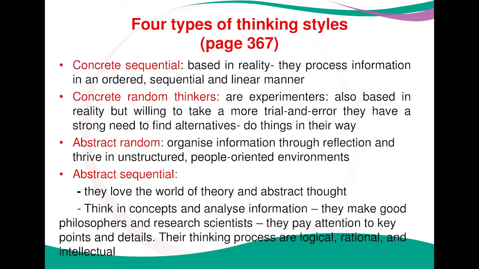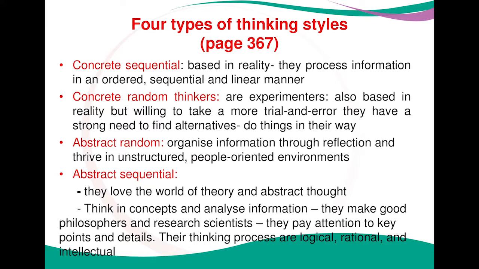So it's hardly likely that you're going to find abstract random people working in an environment where they have to be all by themselves. They need to interact with others. They need lack of structure, but they would do well in an environment such as that.